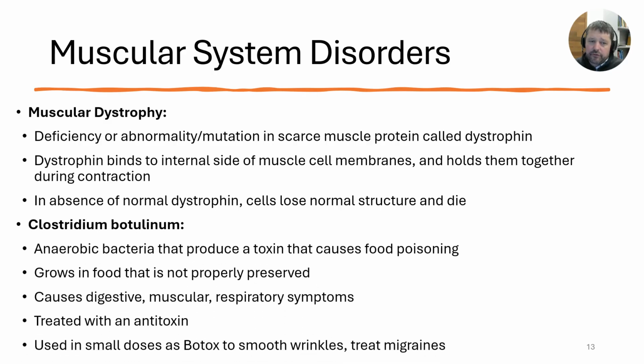And then Clostridium botulinum, or botulism. This is an anaerobic bacteria that is often associated with canning of foods.